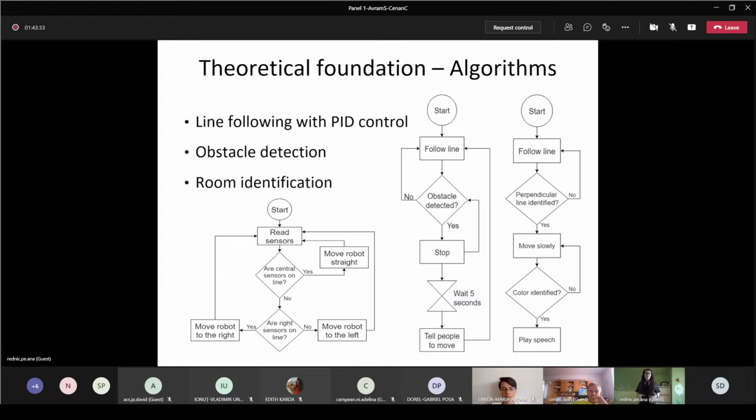If an obstacle stays in front of the robot for more than 5 seconds, it will play a speech kindly asking visitors to move aside while giving light signals. In order to identify the room in which it arrived, first it detects a perpendicular line, then it slows down and reads a color. After detecting the color, it plays the corresponding speech for that room.